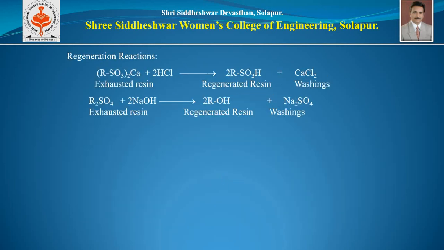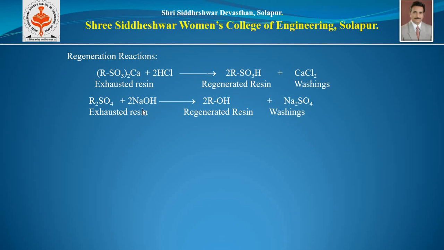The reactions can be shown like this. So this is the exhausted cation exchange resin. When we pass dilute HCl, the hydrogen of the dilute HCl and the calcium of the exhausted resin get exchanged reversibly, and we get RSO3H as our original cation exchange resin, and the water containing calcium chloride is thrown away.